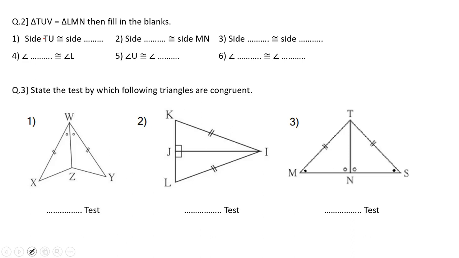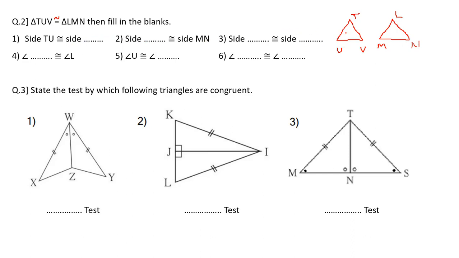Now question 2. Triangle TUV is congruent to triangle LMN, then fill in the blanks. Side TU is congruent. Actually we draw here two triangles TUV and LMN in this way.